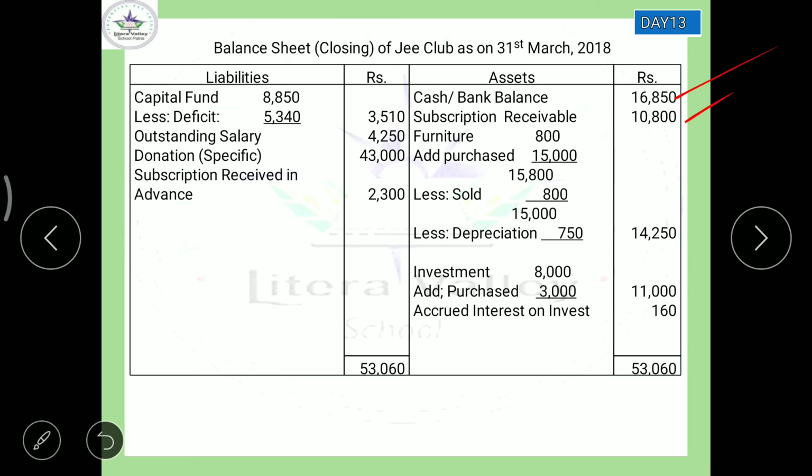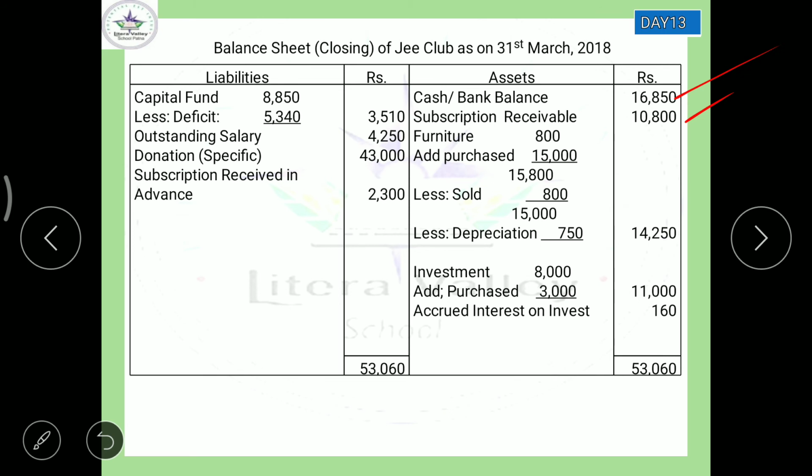Furniture adjustment you can see here. Furniture opening balance was 800. You have purchased during the year 15,000, so total furniture is 15,800 minus sold during the year 800. So total amount is 15,000 less depreciation, so the total furniture is 14,250. Investment 8,000 and purchase during the year is 3,000.